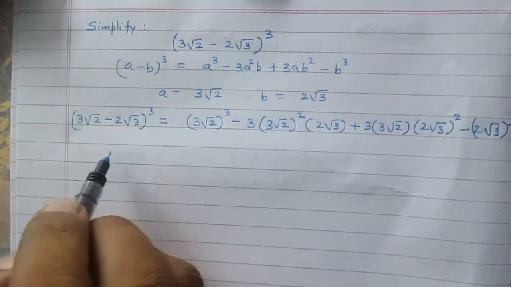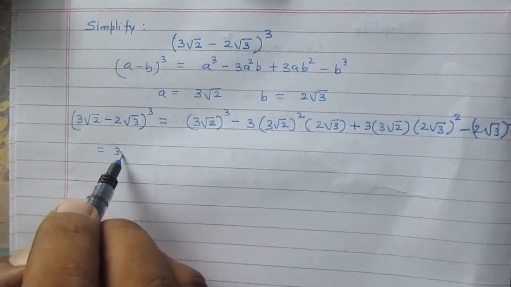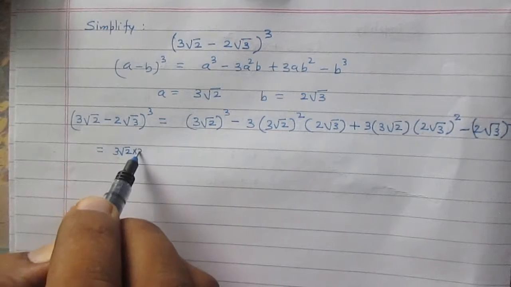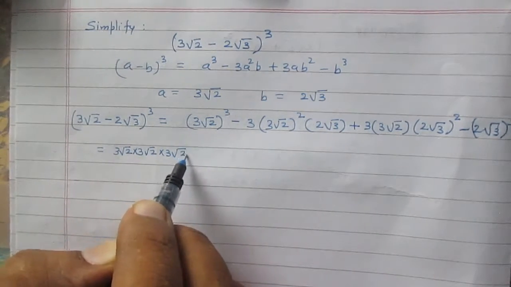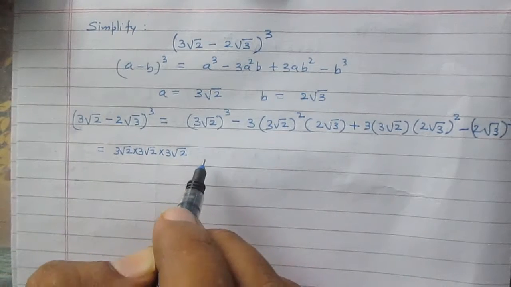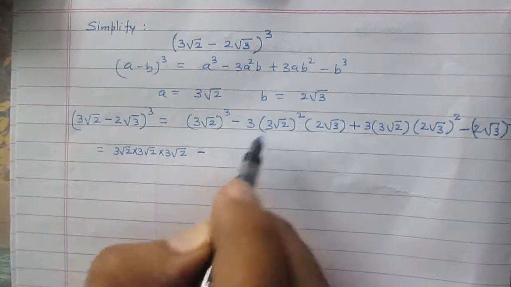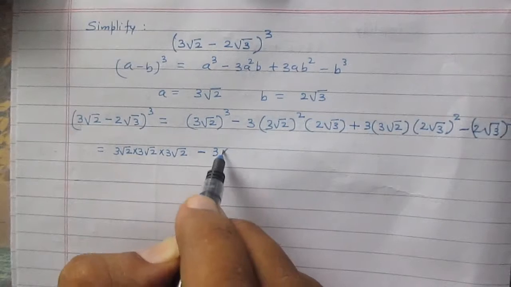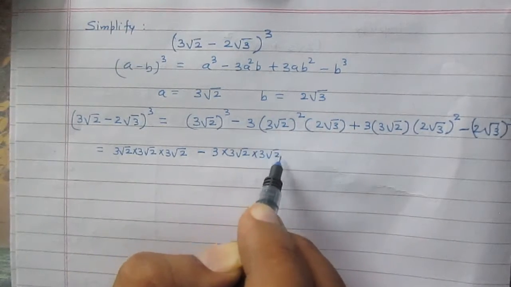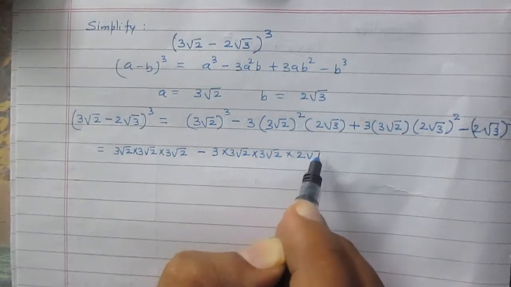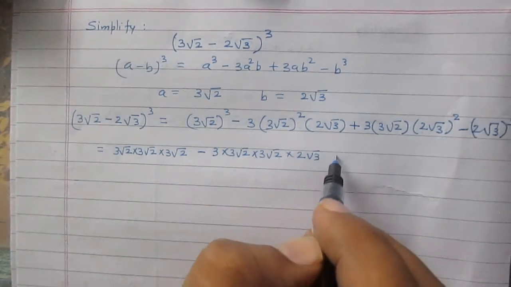Now this first term is 3√2 multiplied by 3√2 multiplied by 3√2. Next term is thrice of 3√2 and then 3√2, then twice of √3.